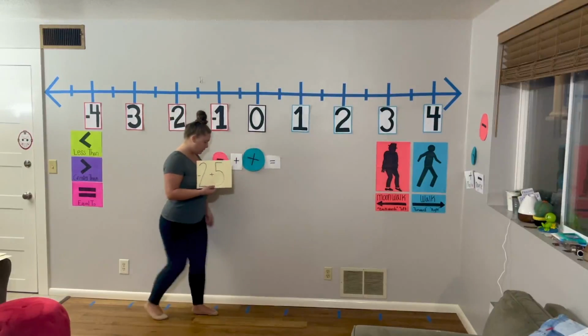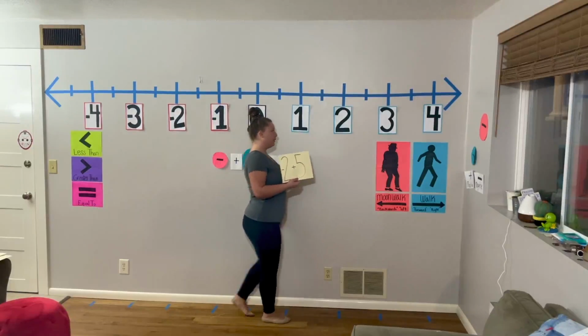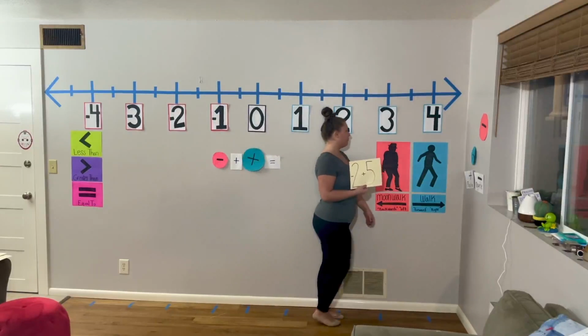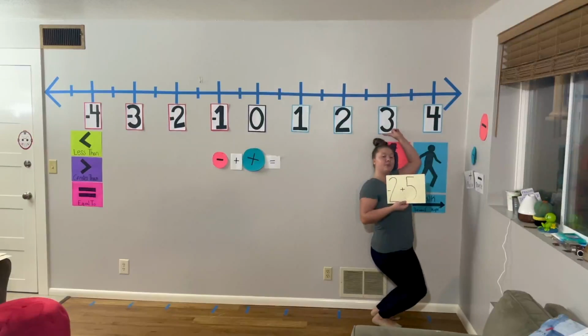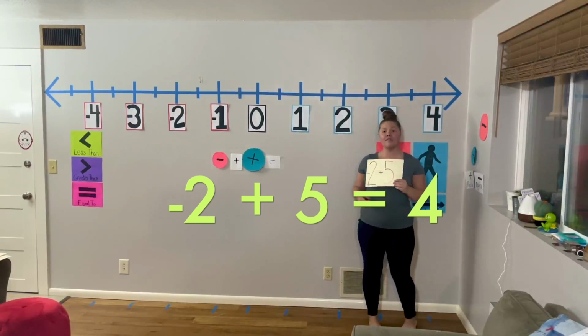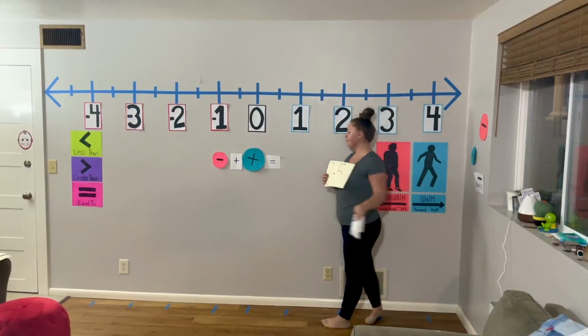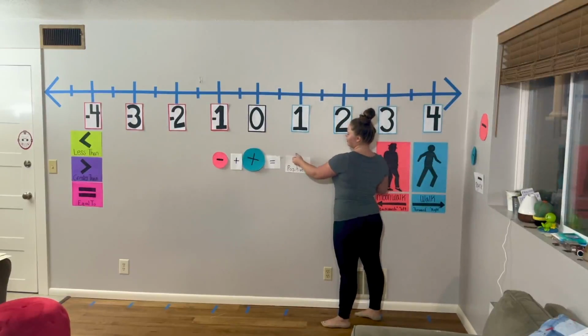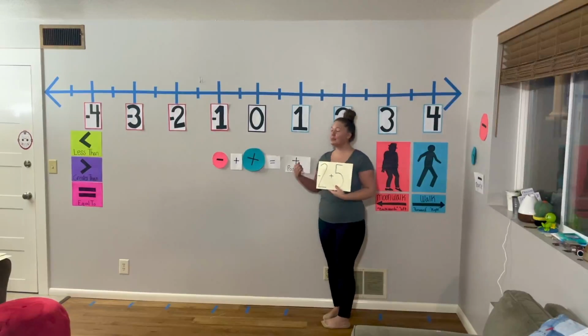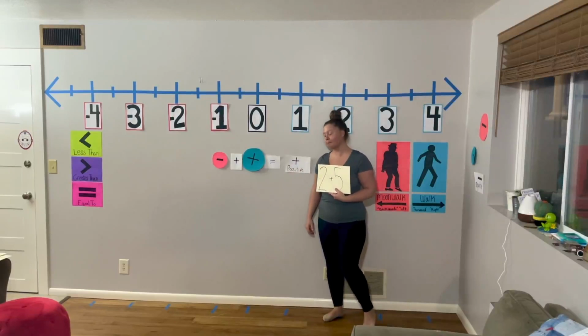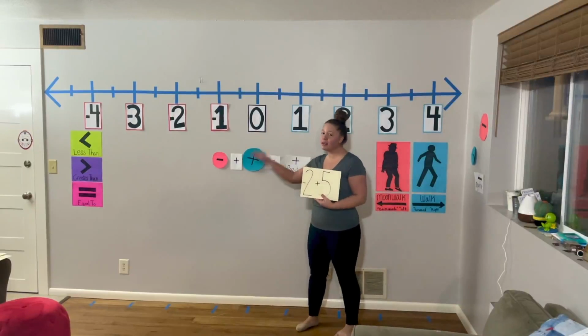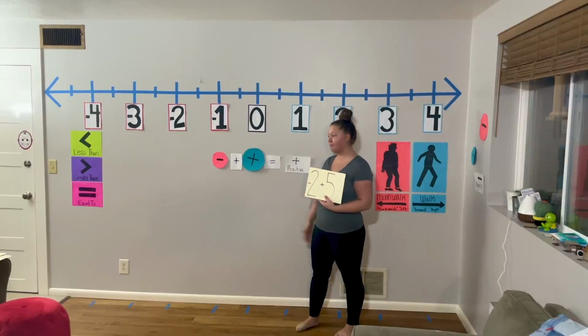All right? 1, 2, 3, 4, 5. So that ends us at 3. So negative 2 plus 5 equals 3, which would be a positive number. So whichever one is bigger kind of tells you what your ending is going to be like. So it's really useful when you've got bigger numbers that you can't really fit on this number line.